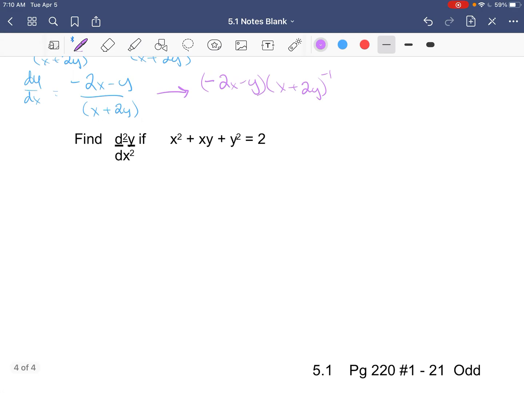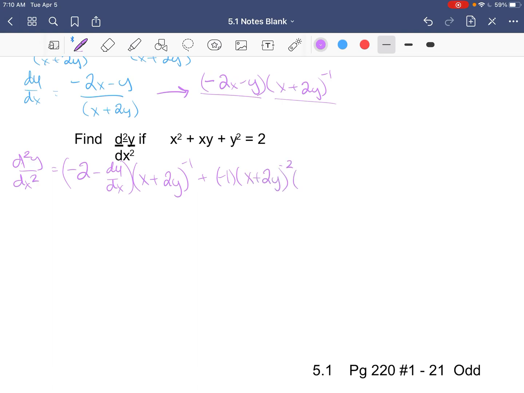Taking the derivative of that, we have a product rule. So d squared y over dx squared: derivative of the first is negative 2 minus dy/dx, times the second, x plus 2y to the negative 1, plus derivative of the second, so negative 1, x plus 2y, subtract our power, times the derivative of the inside, times the first.